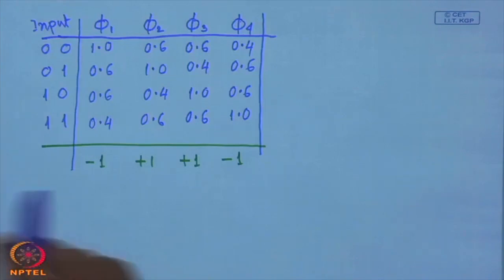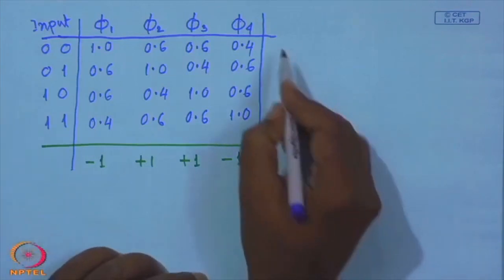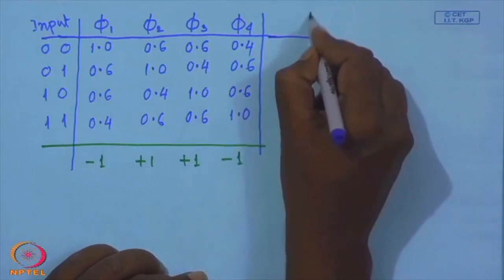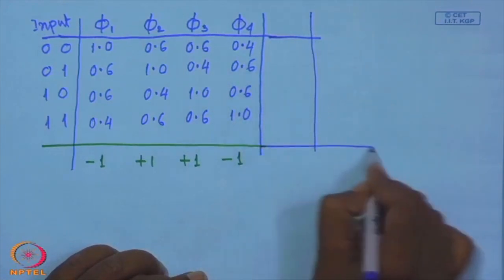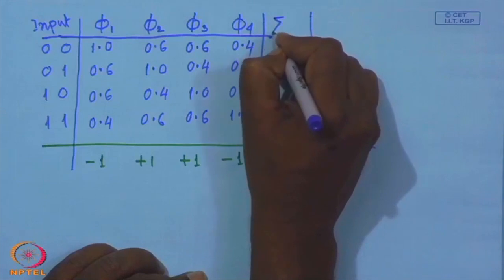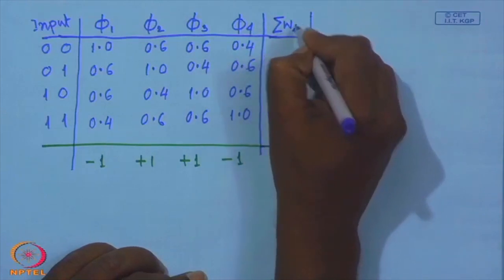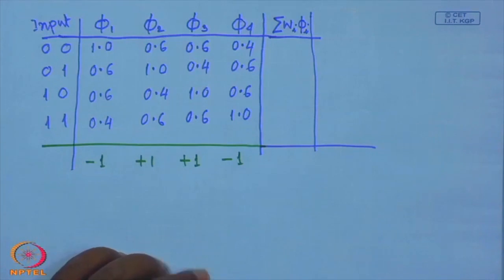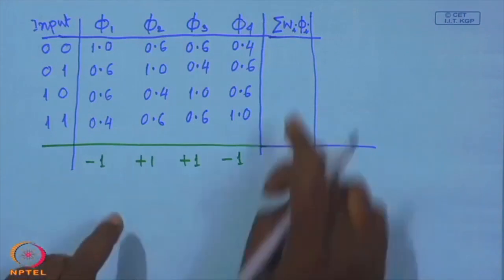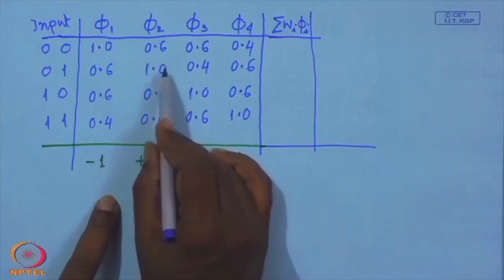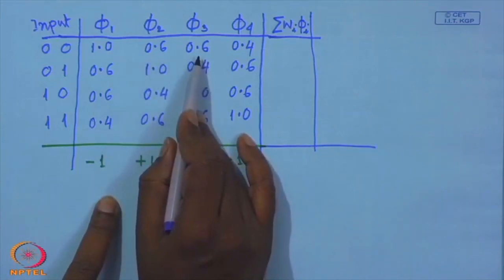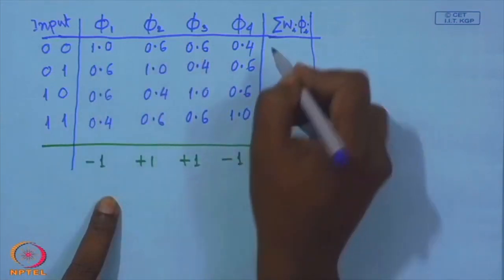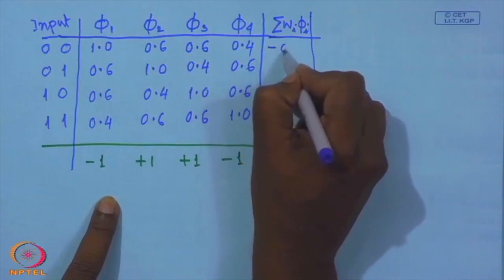So, here I will write sum of W i times phi i, where i varies from 1 to 4. So, here it will be 0.6 plus 0.6 is 1.2 minus 1.4, this will be minus 0.2.